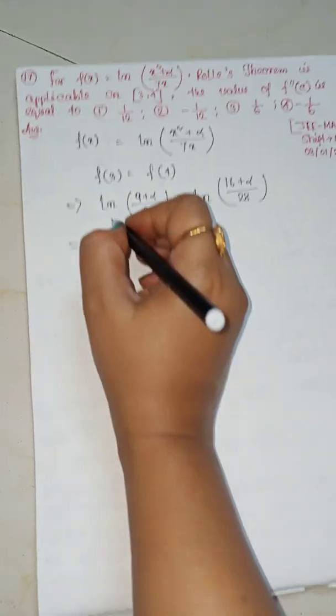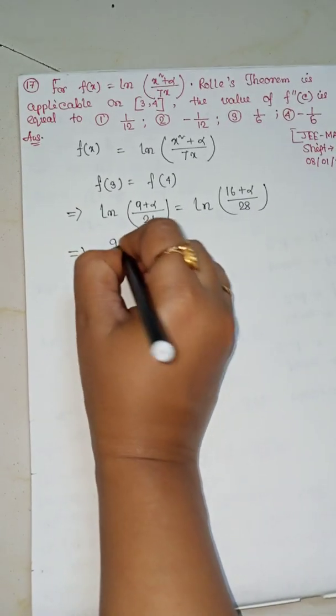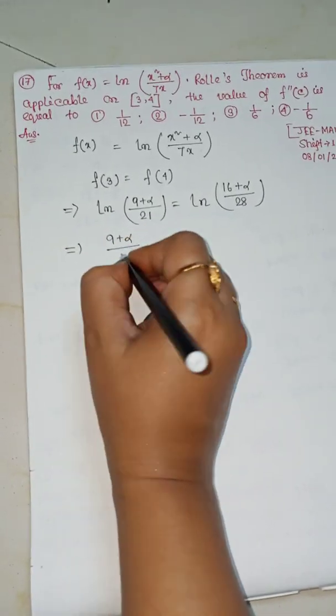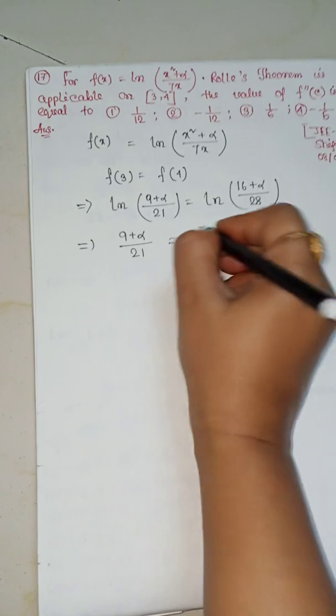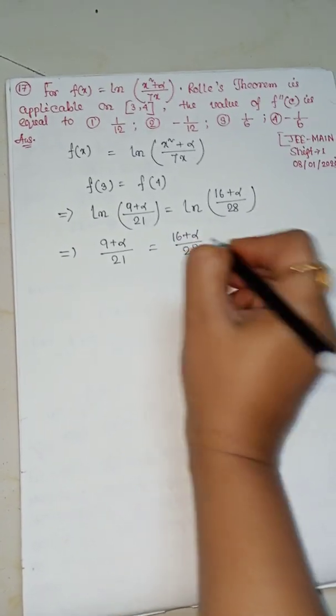That implies the log is cancelled off, so (9 + α)/21 = (16 + α)/28.